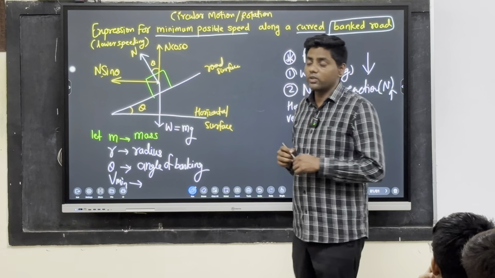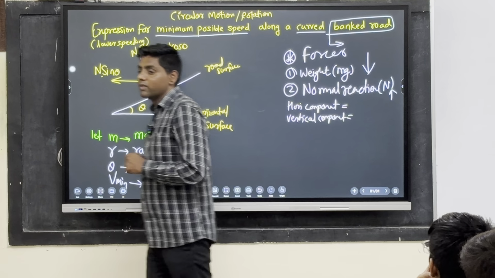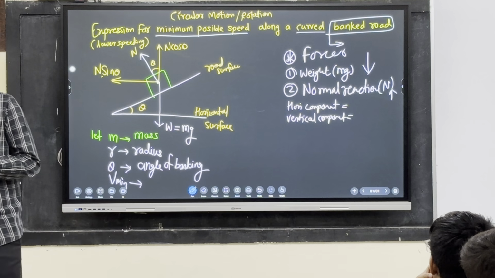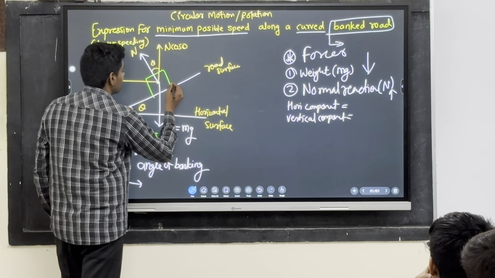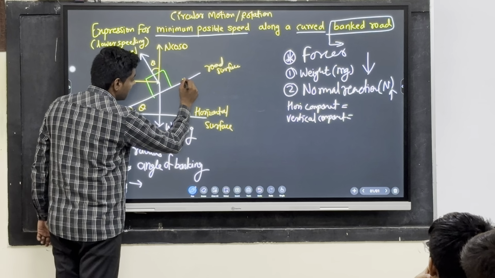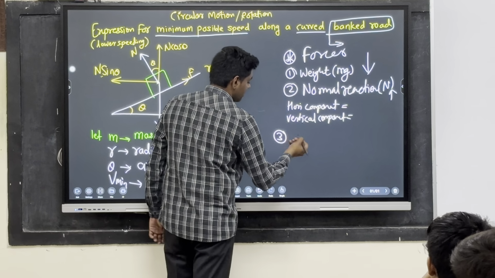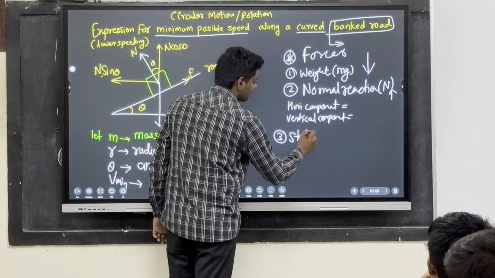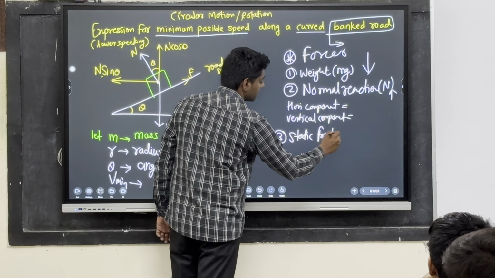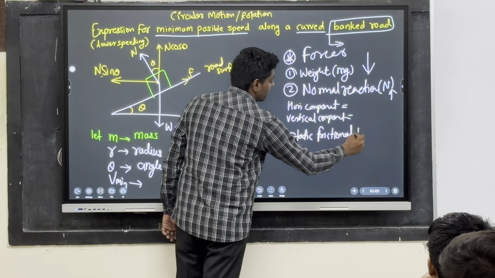Next, what we have to introduce? Very good. Static frictional force. So the static frictional force acts along the inclination, and remember the direction is upward. So third force, that is static frictional force.